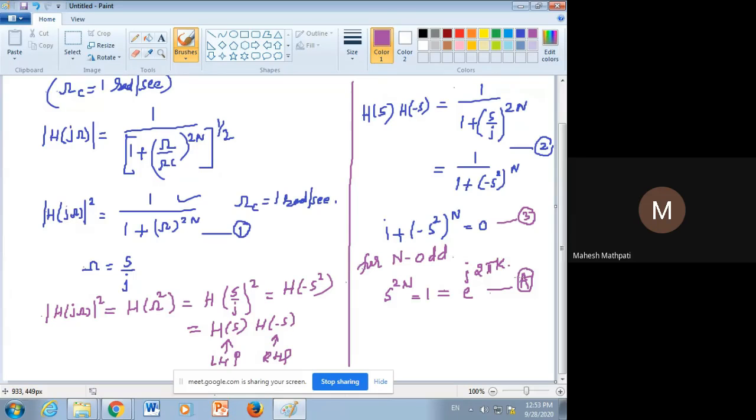The roots of equation 3 can be found as, we can write here. If you look at equation 3, what you have written, can you read that?